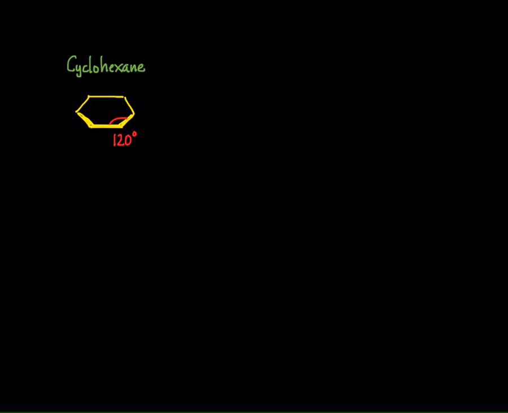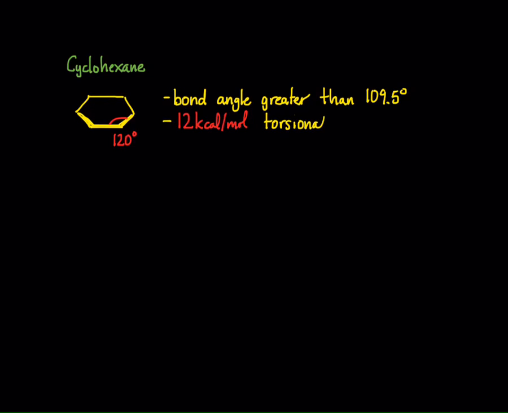So now we have a situation where the bond angle is actually greater than 109.5 degrees. Again, if it's planar, we have a lot more carbon-hydrogen bonds. As a matter of fact, we have 12 carbon-hydrogen bonds that would be eclipsed, and so that's 12 kilocalories per mole of torsional strain.